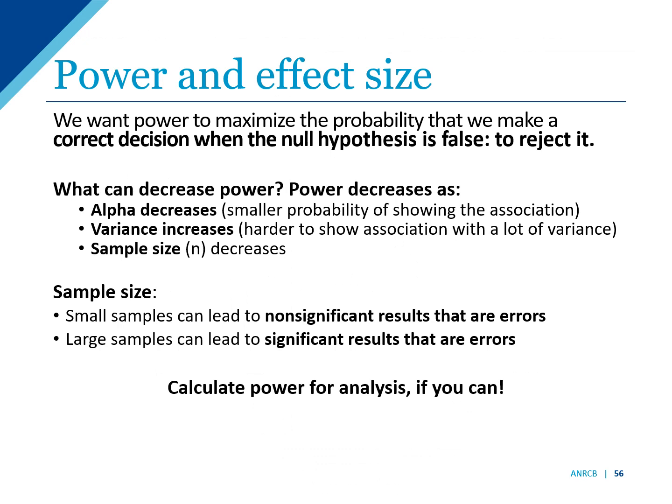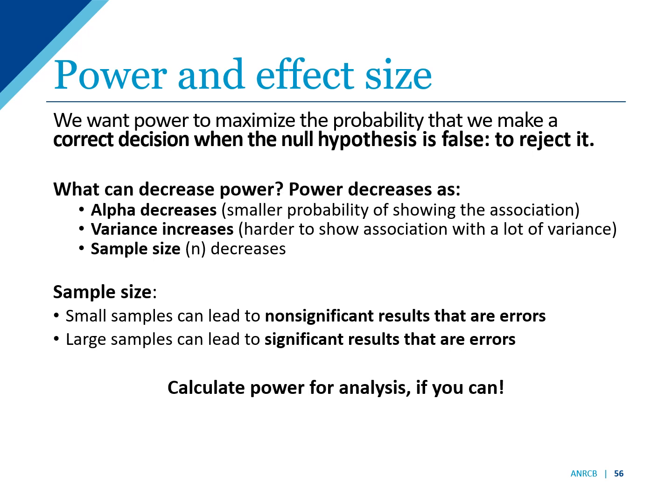We want power to maximize the probability that we make a correct decision when the null hypothesis is false, or to reject it. This is what we really want in our samples, in our studies. So what can we be aware of that could decrease power? Power decreases as alpha decreases, because there's a smaller probability of showing the association.